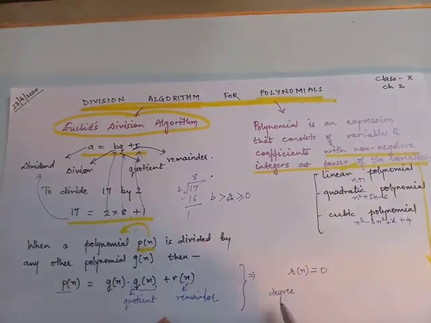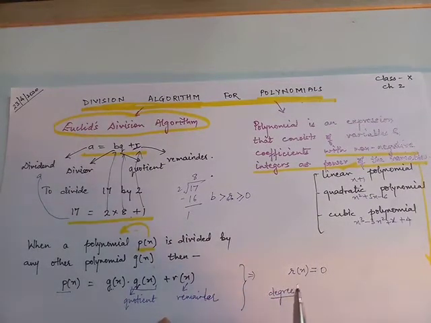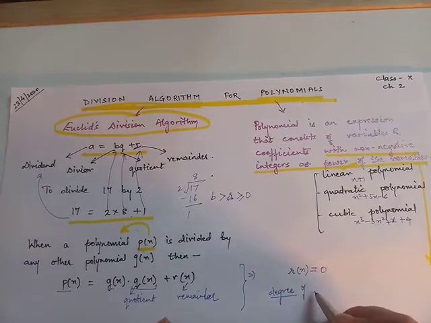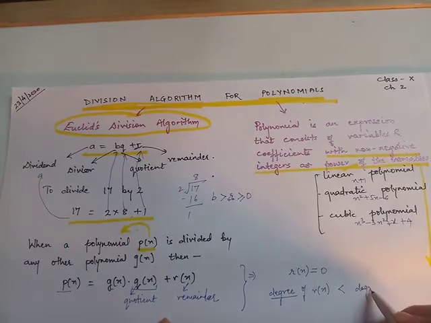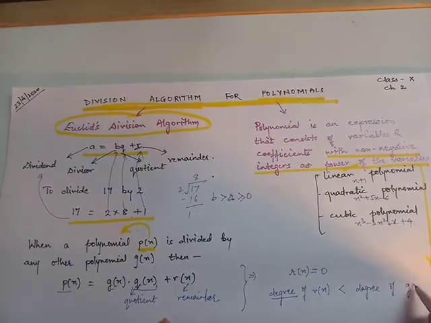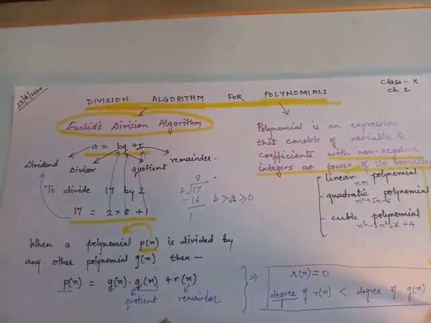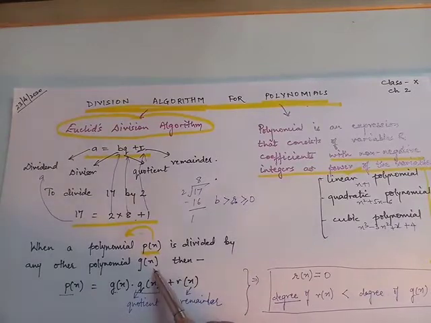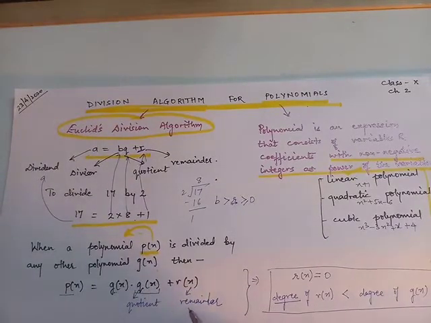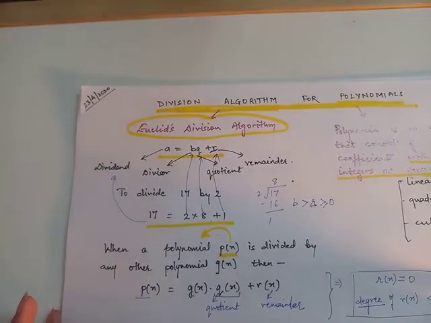In polynomials, we talk about the degree of r(x) and not the numerical value of r(x). This is something very important you need to check when you divide a polynomial p(x) by any polynomial g(x). So this is our division algorithm for polynomials.